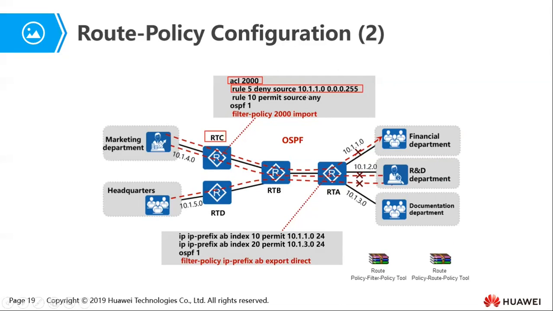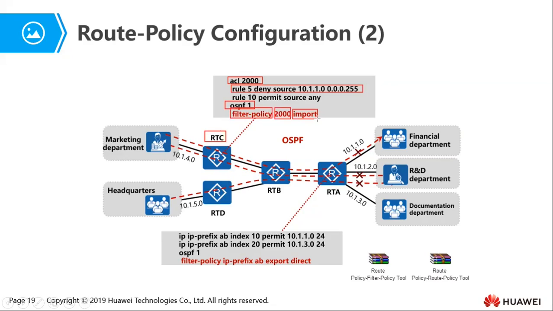So rule 5 deny. We want to deny that. Then we say rule 10 permit source any, so that anything else can be permitted. Then we go into OSPF process 1 and we type filter-policy, then the ACL number 2000, in the import direction.